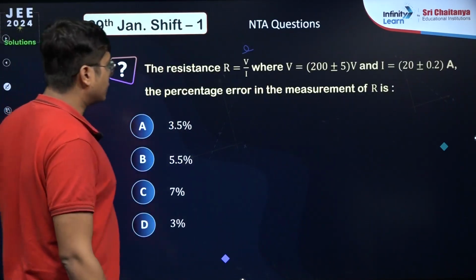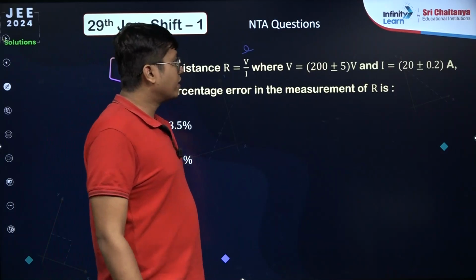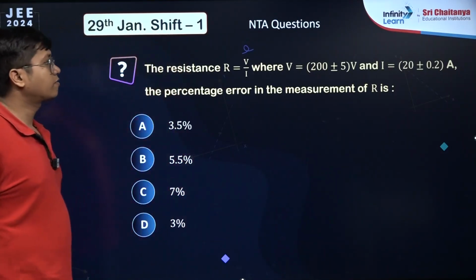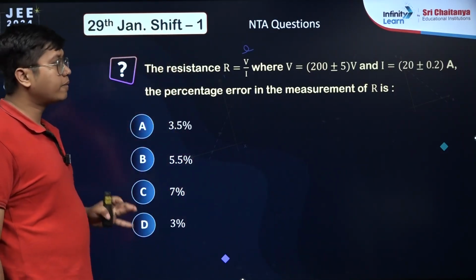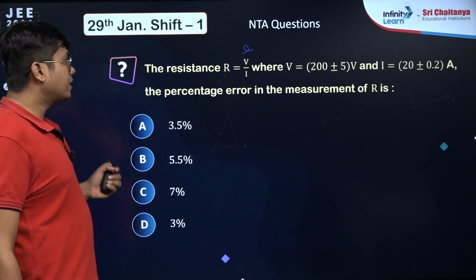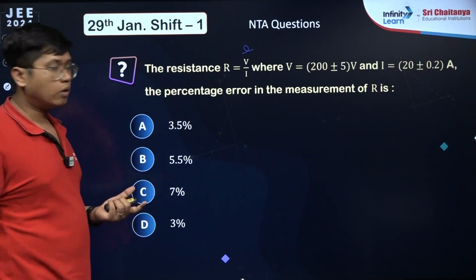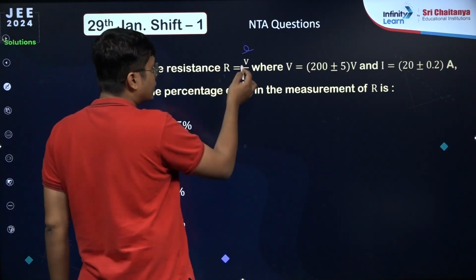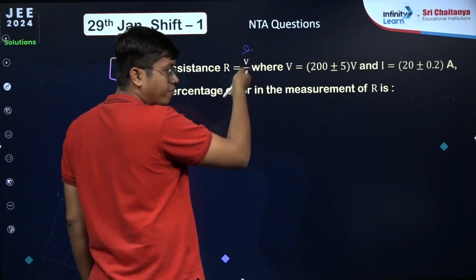It says the resistance R is equal to V by I, where V is 200 plus minus 5 volt and I is 20 plus minus 0.2 amperes. Percentage error in the measurement of R is how much? So it's pretty simple. You can see it's simply a division over here.